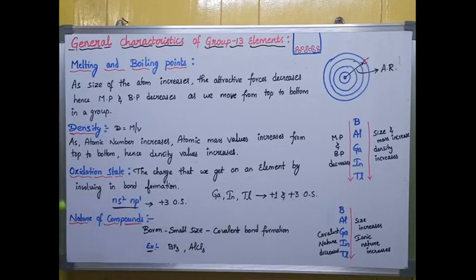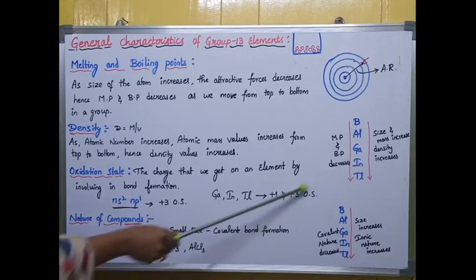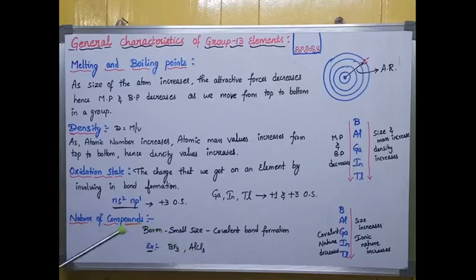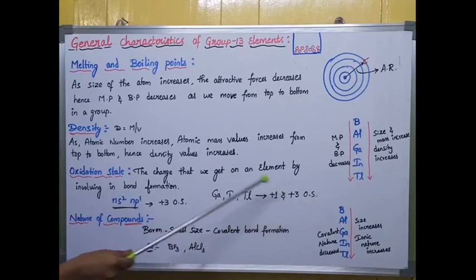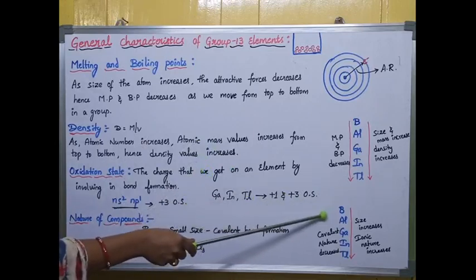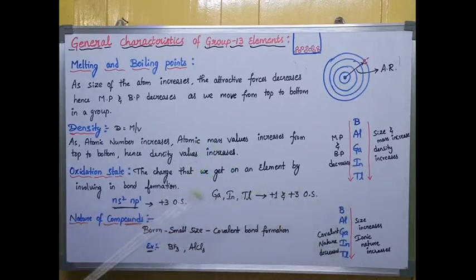Next, coming to the nature of compounds. Here we discuss covalent compounds and ionic compounds. Some of these elements form covalent bonds, and some form ionic bonds. Boron, because of its small size, cannot lose electrons easily. We have already discussed electropositivity: as size increases, electropositivity increases, so they lose electrons and form ions easily.